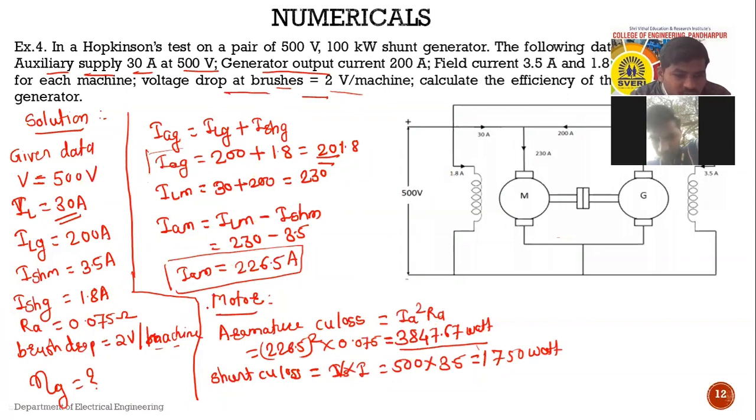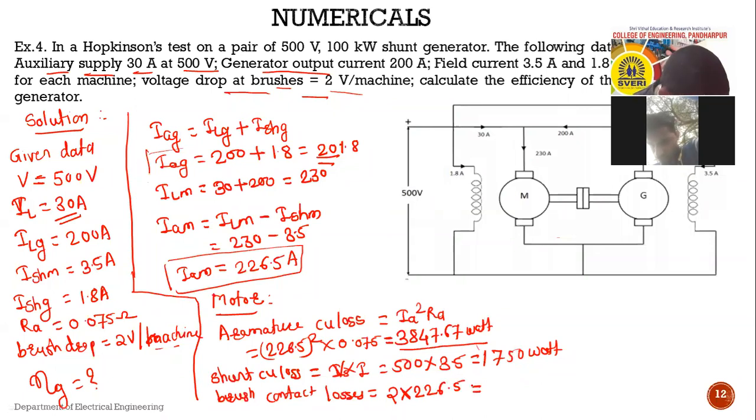Similarly, calculate the brush drop also. Brush drop पण दिलेला आहे. So brush contact losses: voltage of brush 2 volt per machine आहे into current, that is armature current of the motor. मोटरचा armature current किती आहे? 226.5.